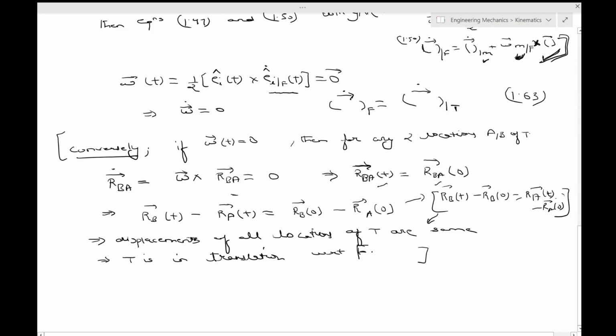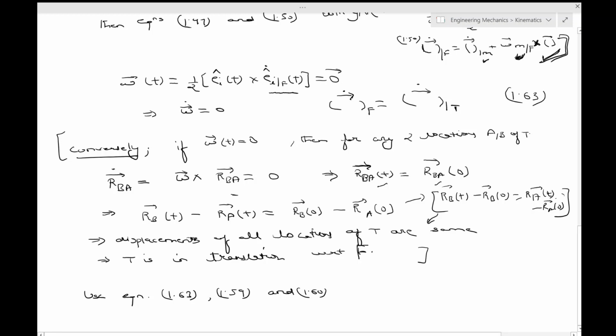Now let's try to use equation 1.63, 1.59 and 1.60. What all will they give? We want to use them to find the velocities and accelerations of point A with respect to t.